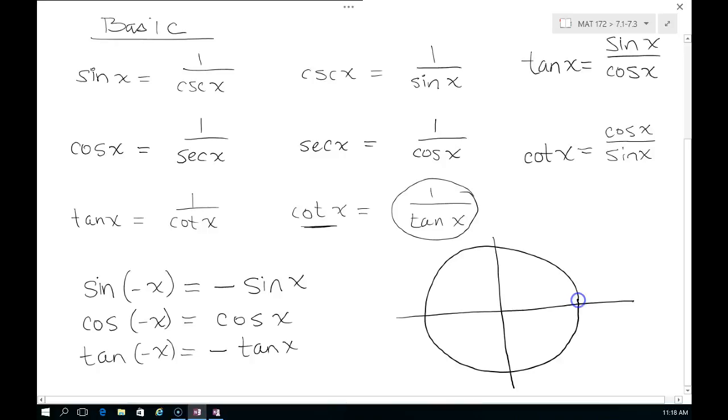And if you look at the pattern of the signs on your unit circle, I'm just going to use quadrant 1 and quadrant 4 as an example. In quadrant 1, everything is positive. And in quadrant 4, cosine is positive.